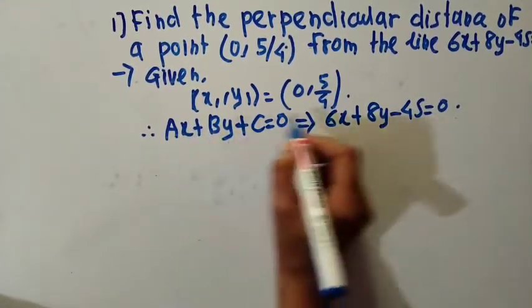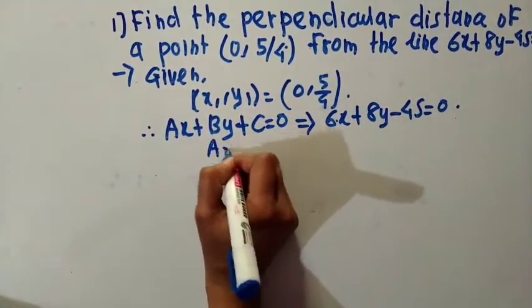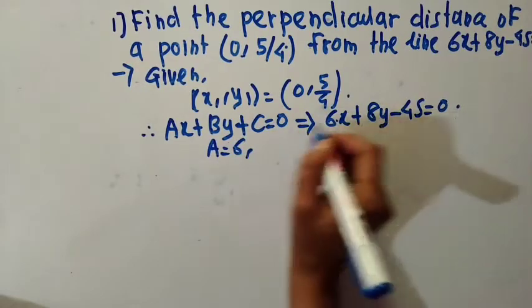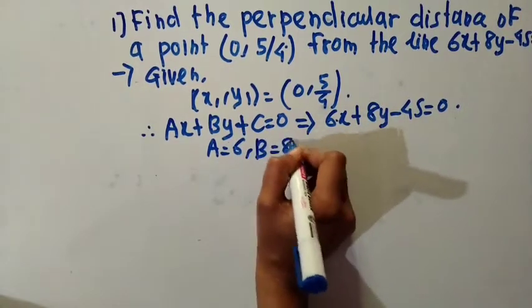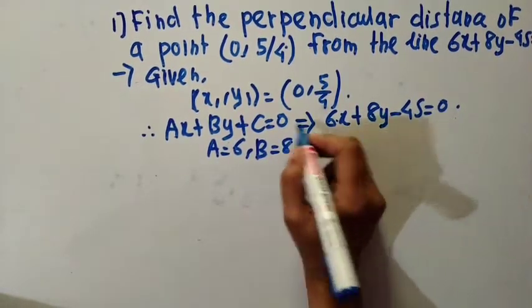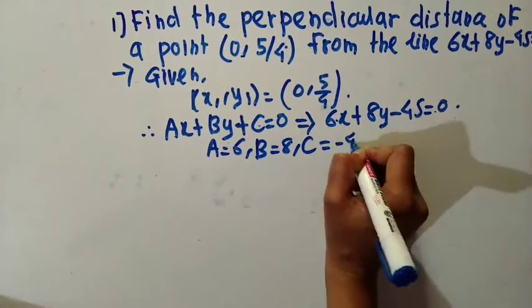Comparing this equation, a = 6, b = 8, and c = -45.